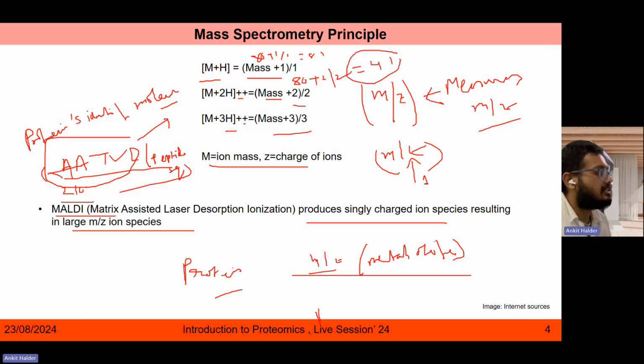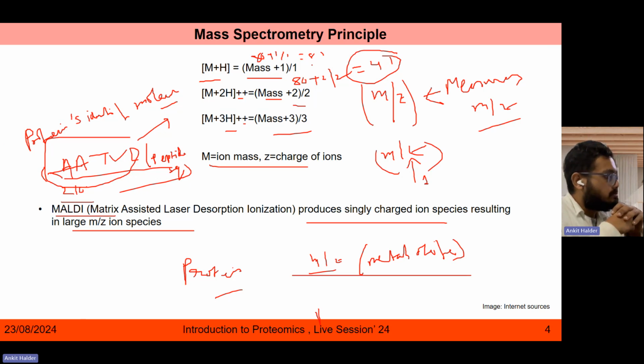So you can understand that the range becomes reduced when you have doubly or triply charged ion species. Then your mass analyzers can be in a lower range. But if you are using only singly charged species, then your range will be pretty high.